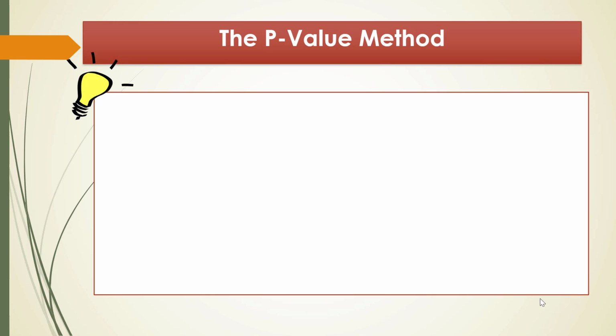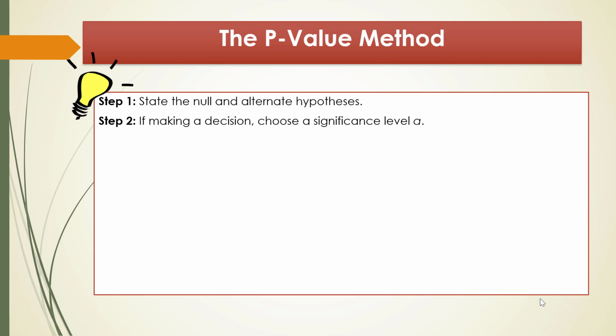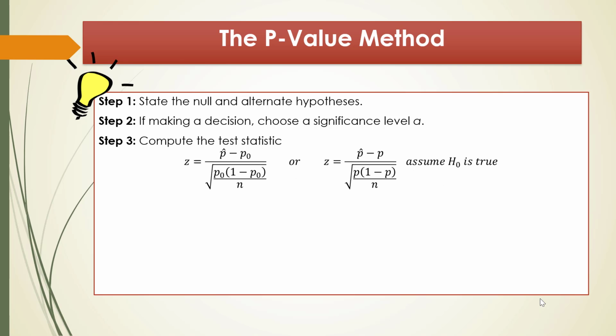And the procedure to perform a one proportion z-test by the p-value method is: first we state the null and the alternate hypothesis, then we choose a significance level, we compute the test statistic, then we compute the p-value of the test statistic.